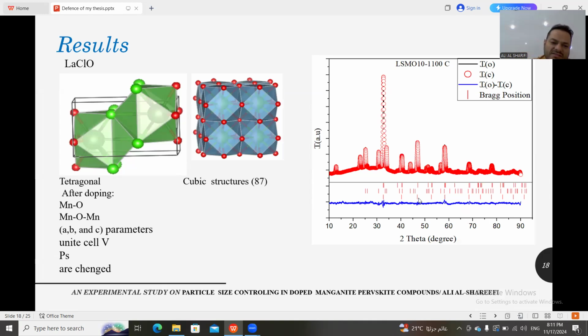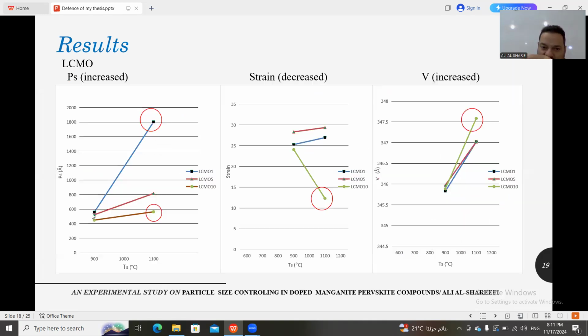All of them were lanthanum chloride oxide, that's right, but with different crystal systems, tetragonal and cubic structure. After doping, depending on my results, the manganese oxygen bond, the manganese oxygen manganese angle, the unit cell volume, and particle size are all changed.